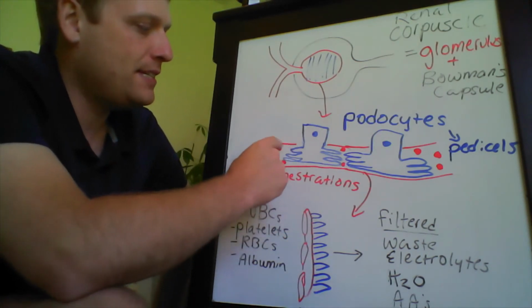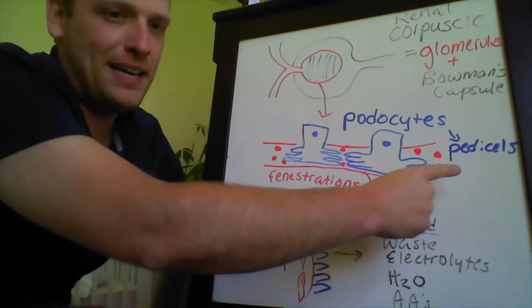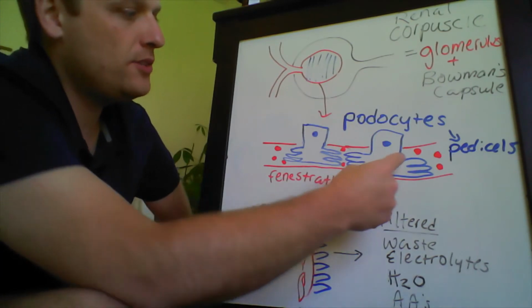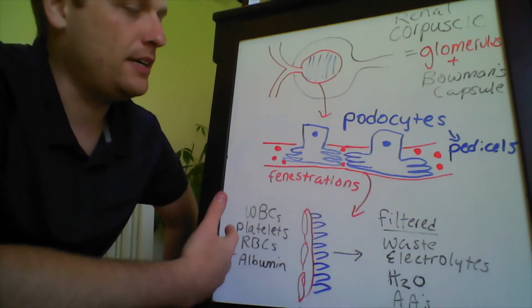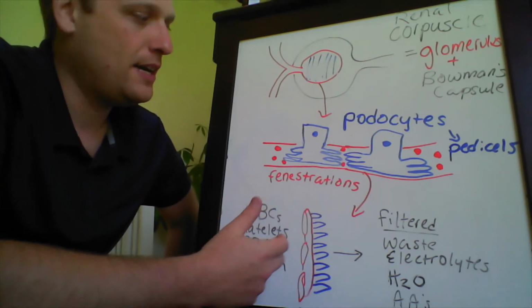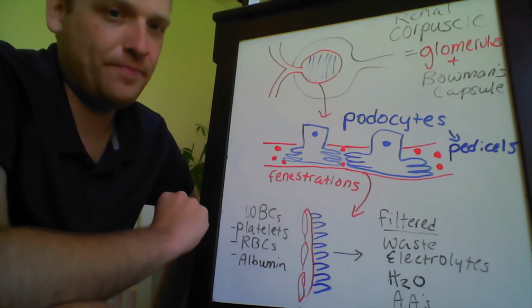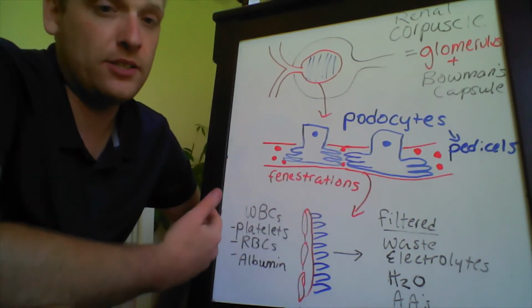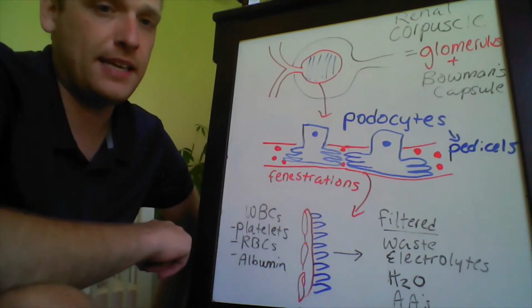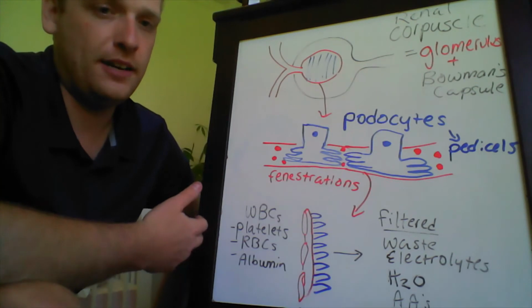And they have these little foot-like projections called pedicels. Those little projections wrap around the glomerular capillaries, and they make little filtration slits. Those slits are even smaller than the fenestrations of this capillary.